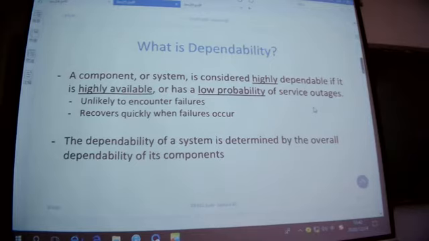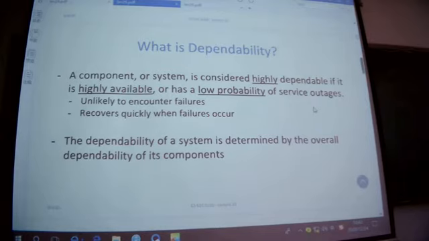The dependability of a system is determined by the overall dependability of its components. So we must create the dependability of a system. In computer organization, system architecture is very important.